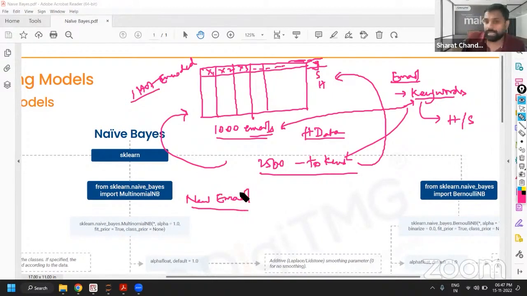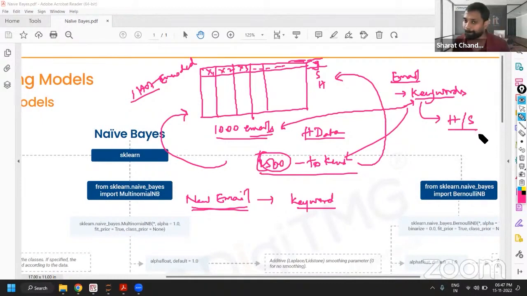on a new email? So as a user, you're receiving an email. And in this email, assume that there is a keyword which is not coming from these 2,500 keywords from the historical data. This is a new keyword altogether. Now, in this case, given this keyword, what can I say about the email? Should it be ham or spam?